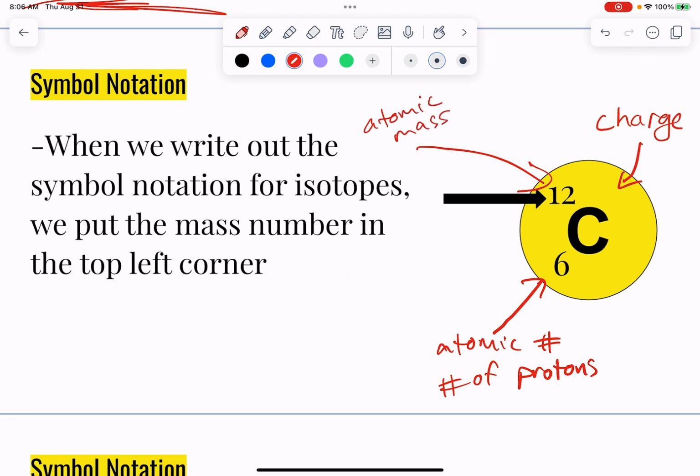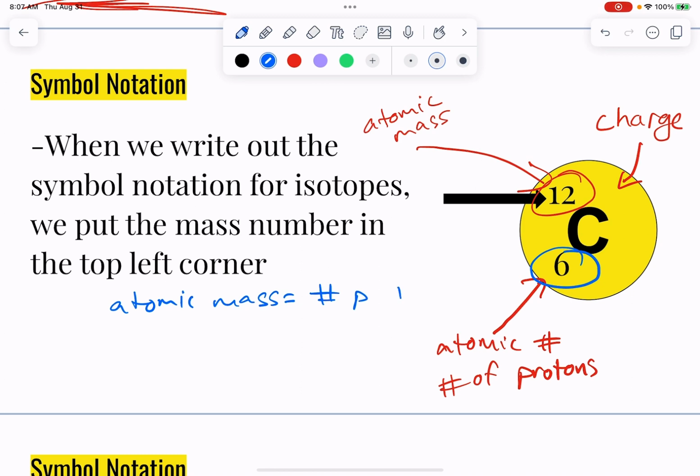So we can use the atomic mass and the atomic number to figure out how many neutrons are in an atom. So in this case, this carbon has a mass of 12, and it's element 6, so it has 6 protons. So you can use that. I can say, okay, the atomic mass is equal to the number of protons plus the number of neutrons.